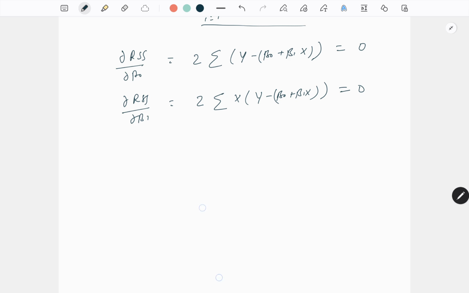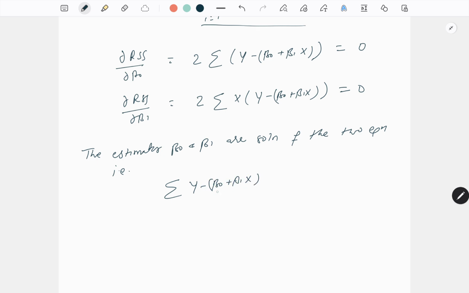The estimators, that is beta naught and beta 1, are the solution of the two equations. Equation 1 is the sum of (y minus (beta naught plus beta 1 x)) equal to 0, and equation 2 is the sum of x times (y minus (beta naught plus beta 1 x)) equal to 0.